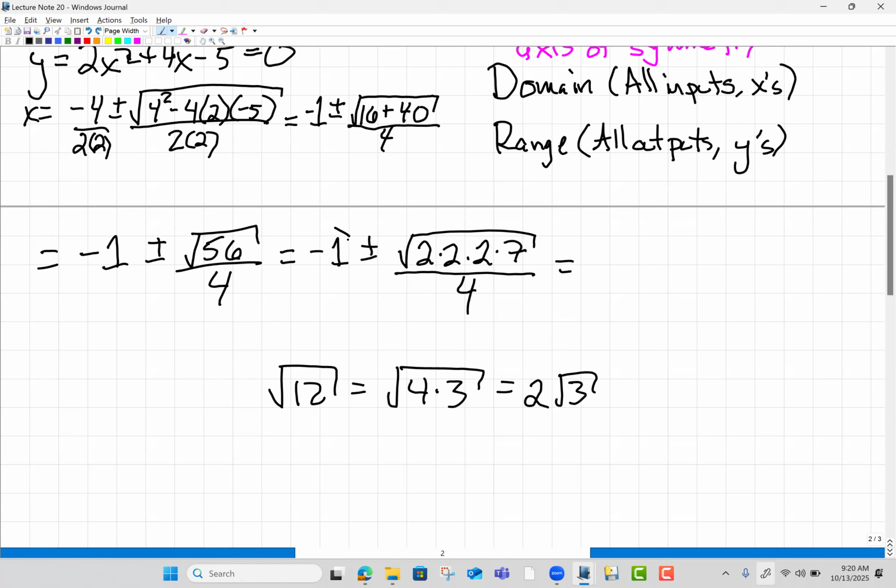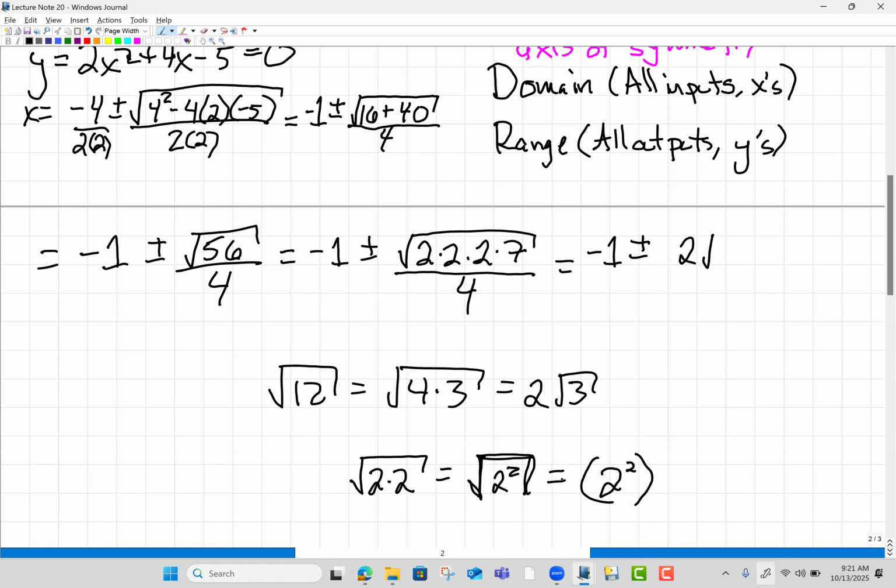So I got minus 1, the square root of 2 squared is 2. So if you have 2 copies of the number on the inside, they come out as a single on the outside. Again, because this is the square root of 2 squared, right? These are inverse operations.